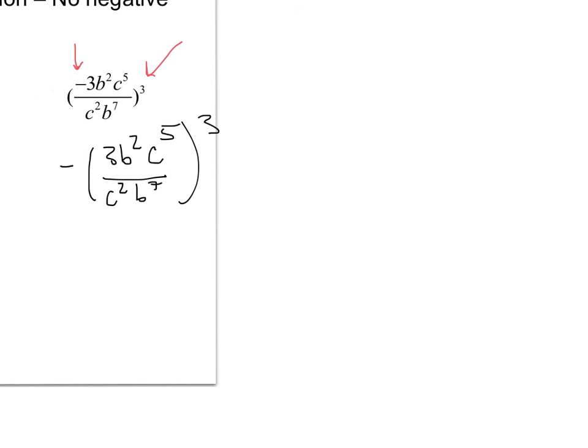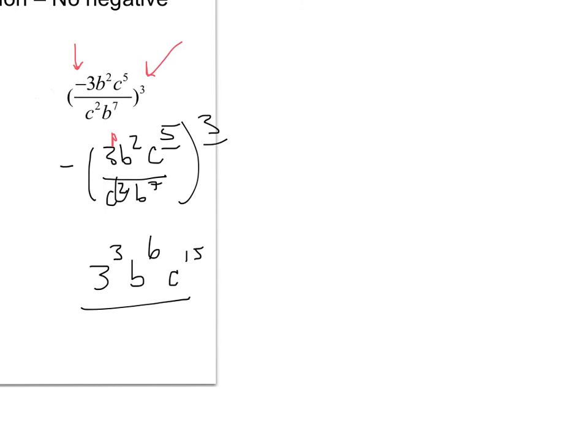Okay, so negative's taken care of. Now I know this 3 is going to be distributed to all the exponents. We have to remember this 3 is to the first power, so we're going to end up with 3 cubed. 2 times 3 is 6, so I have b to the 6. 5 times 3 is 15, so I have c to the 15th.